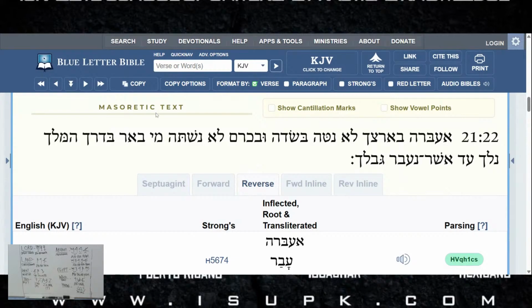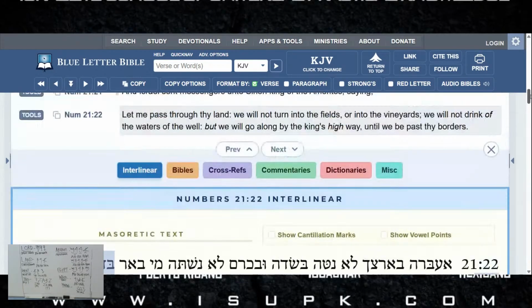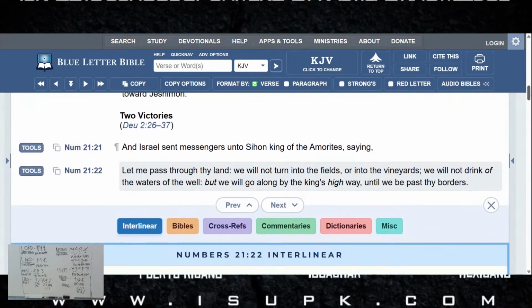It's saying that right here. Ba, or in the way of the king, on the way of the king, by the way of the king, we will go. Right? We will go. Nalak. Because in our language, characters can drop off. Or what they say in English, letters.